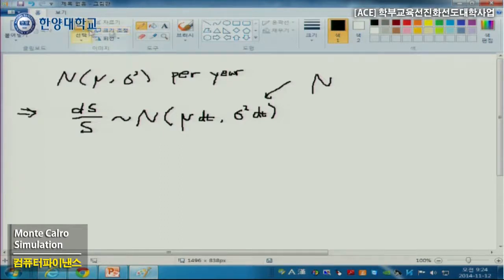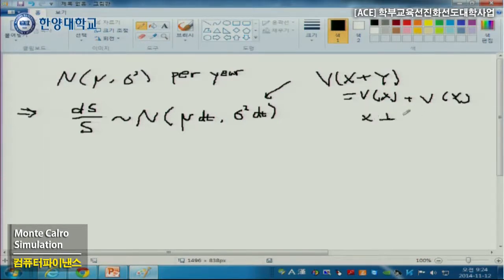This is because the variance of x plus y is the variance of x plus the variance of y if x and y are independent. So if stock return is independent over time, we can simply add variances, right?